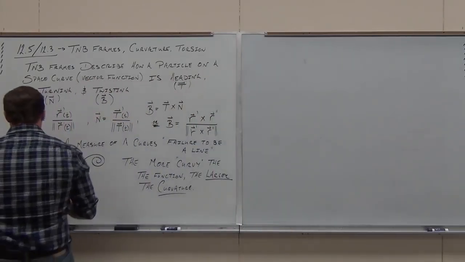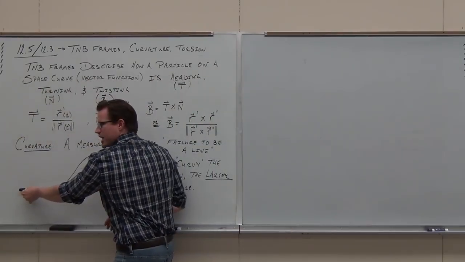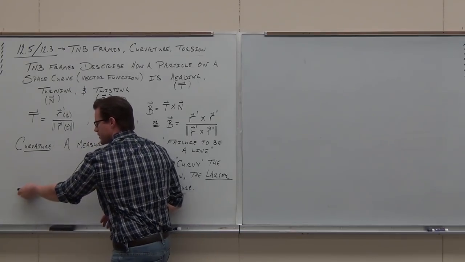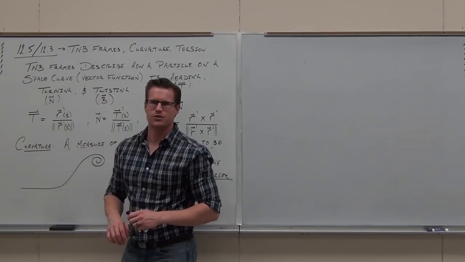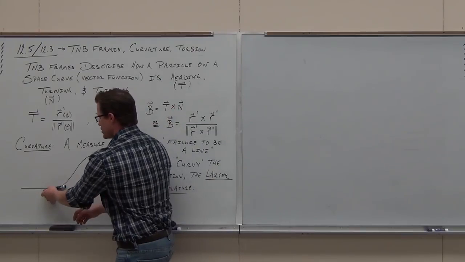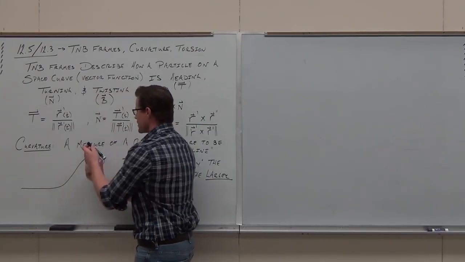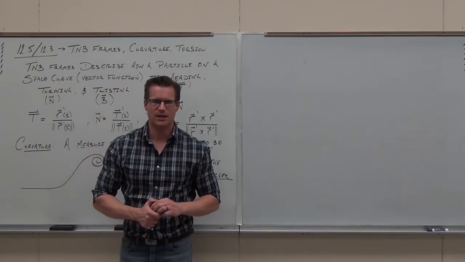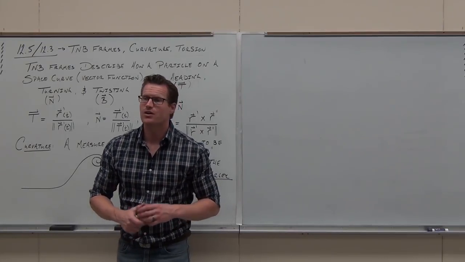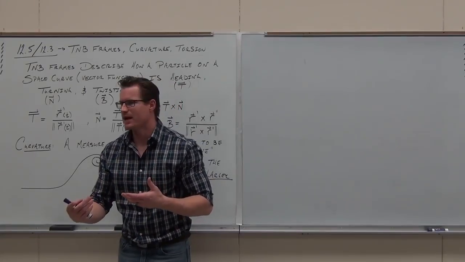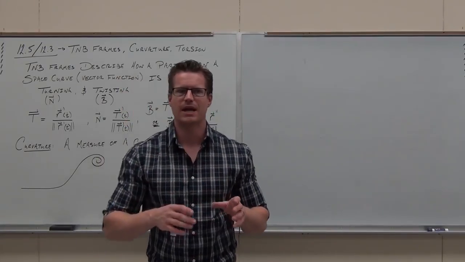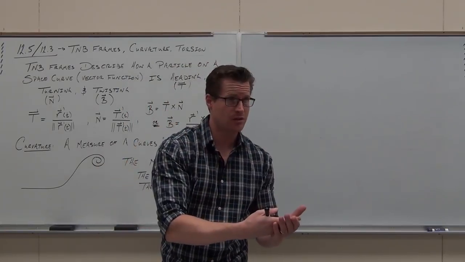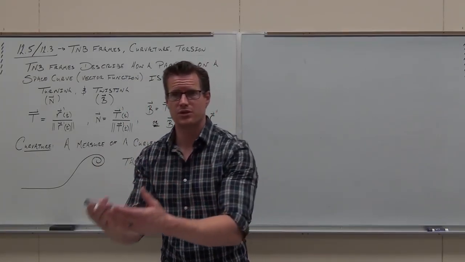If the tangent is not changing compared to a length of the curve, are we going to get a lot of curvature? If the tangent is changing drastically compared to a length of curve, are we going to get a lot of curvature? Yeah. So what curvature really is mathematically is a comparison between how the tangent vector is changing compared to the arc length.